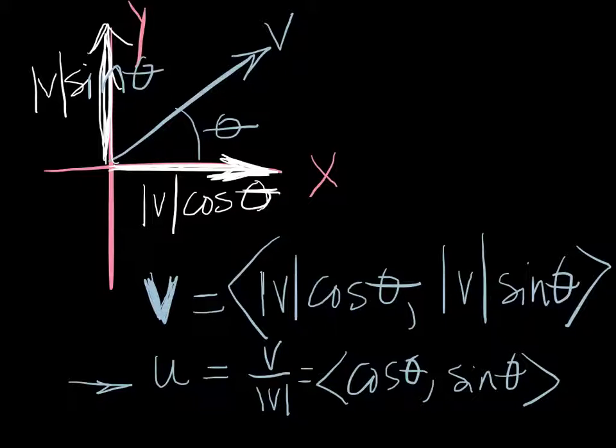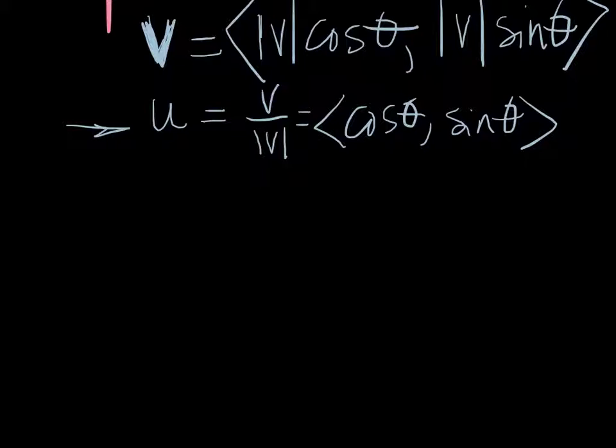Okay, so I'm going to do example 5. Example 5 asks you to find the components of vector v with a direction angle of 115 degrees and a magnitude of 6. I'll write it in this space.